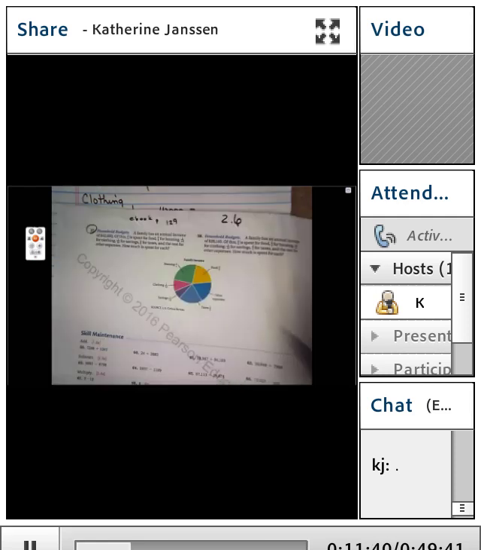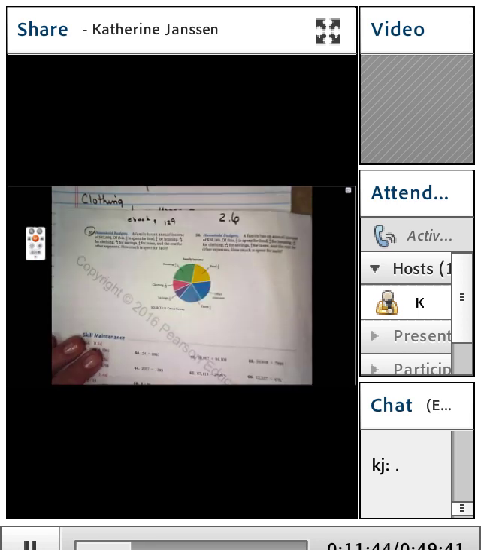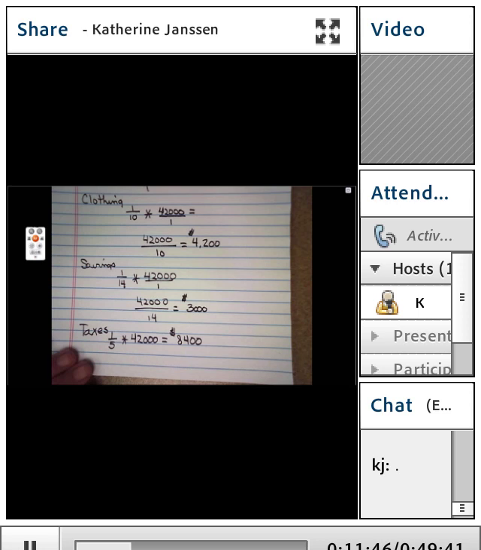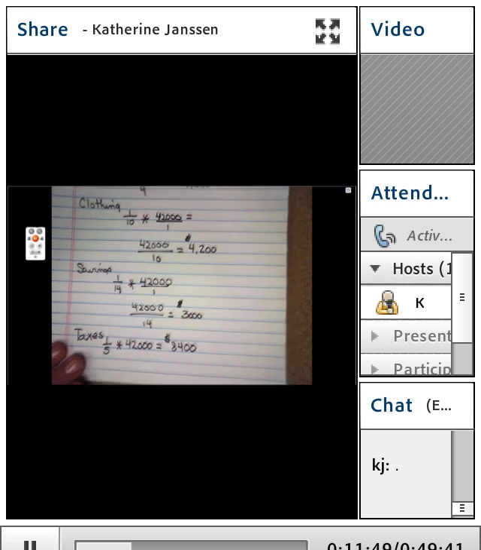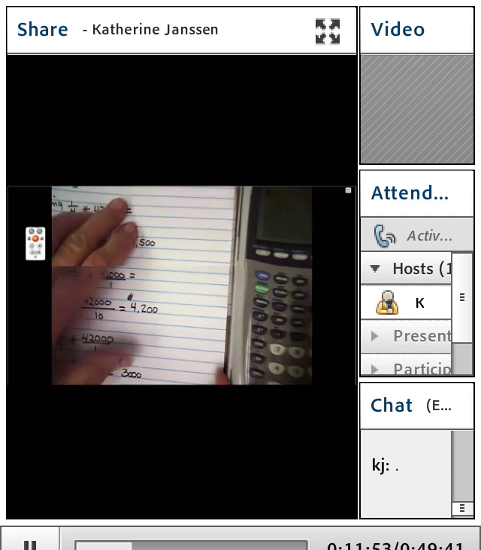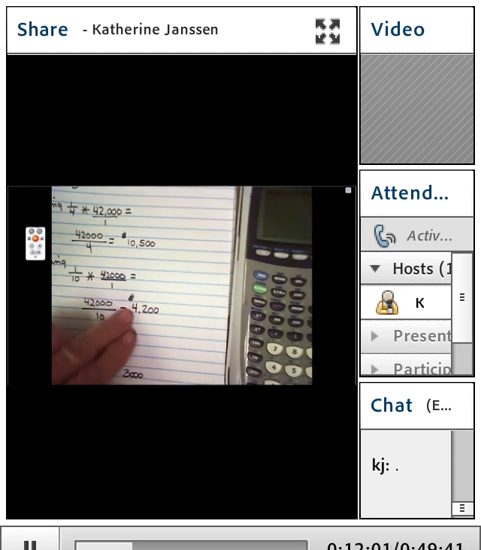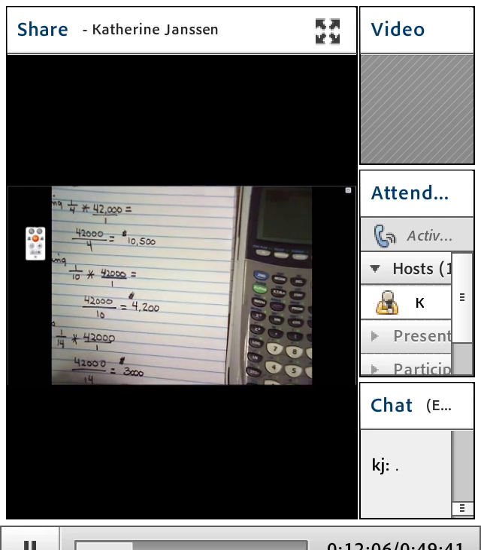And the rest was spent on other expenses. So total for my category so far, I have 8,400 plus 10,500 plus 4,200 plus 3,000 plus 8,400.